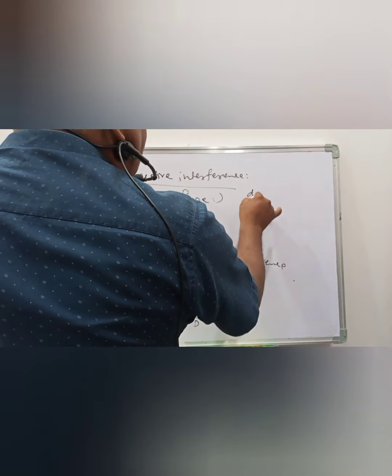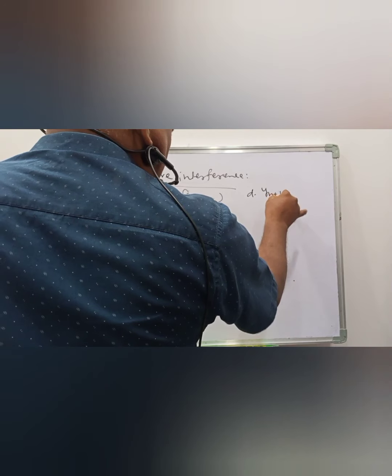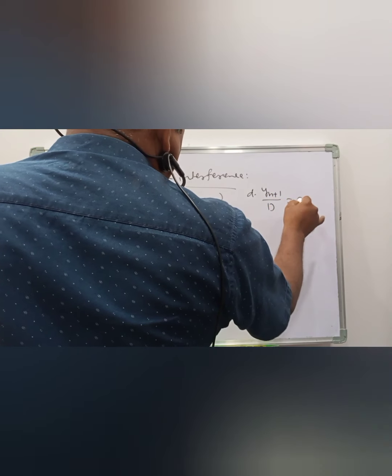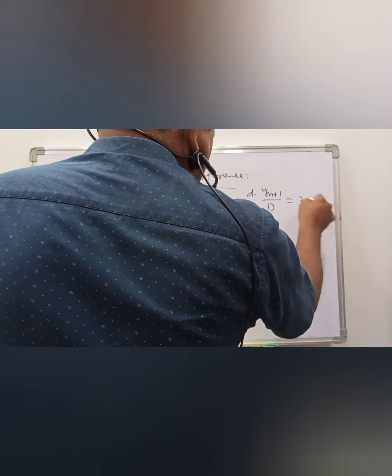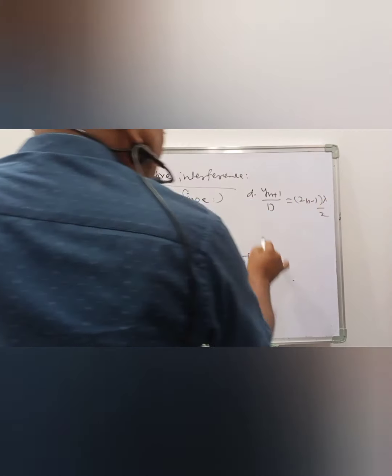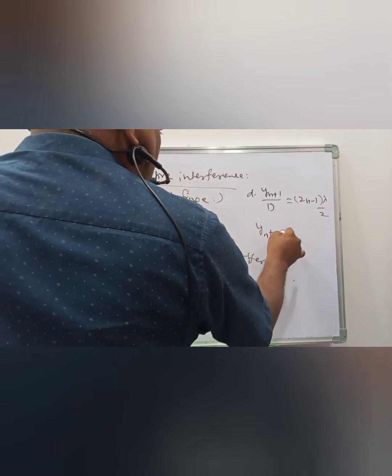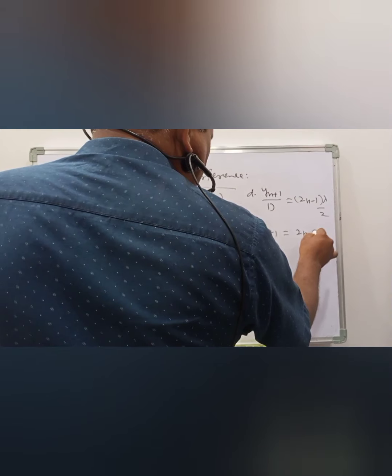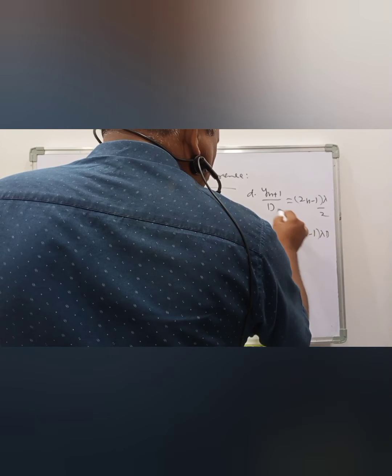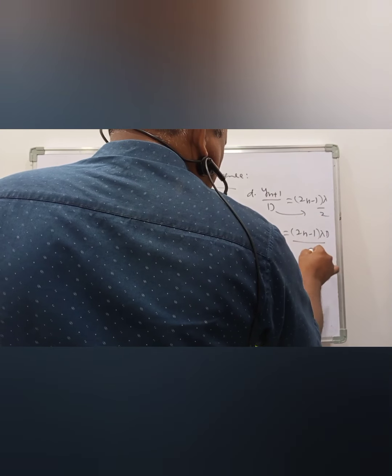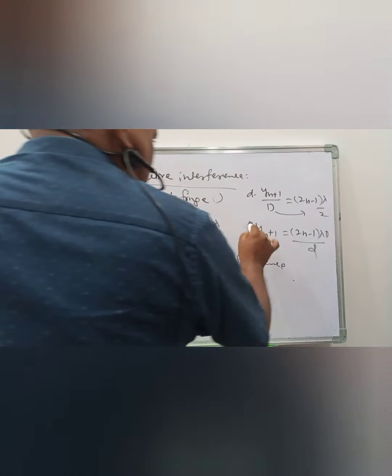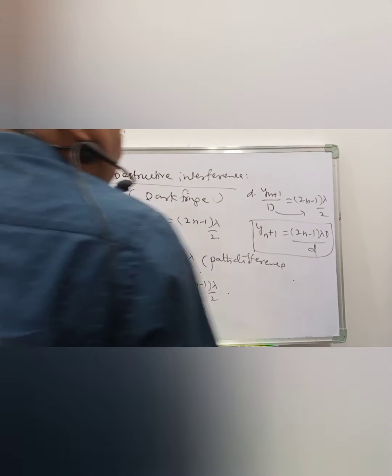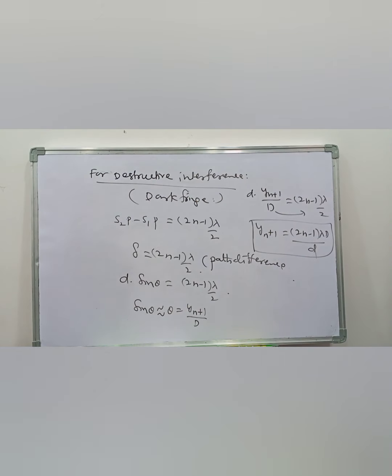Therefore d into yn plus 1 by D is equal to (2n minus 1) lambda by 2. So yn plus 1 is equal to (2n minus 1) lambda D by 2d, by cross multiplication. This equation refers to the distance of the dark fringe.